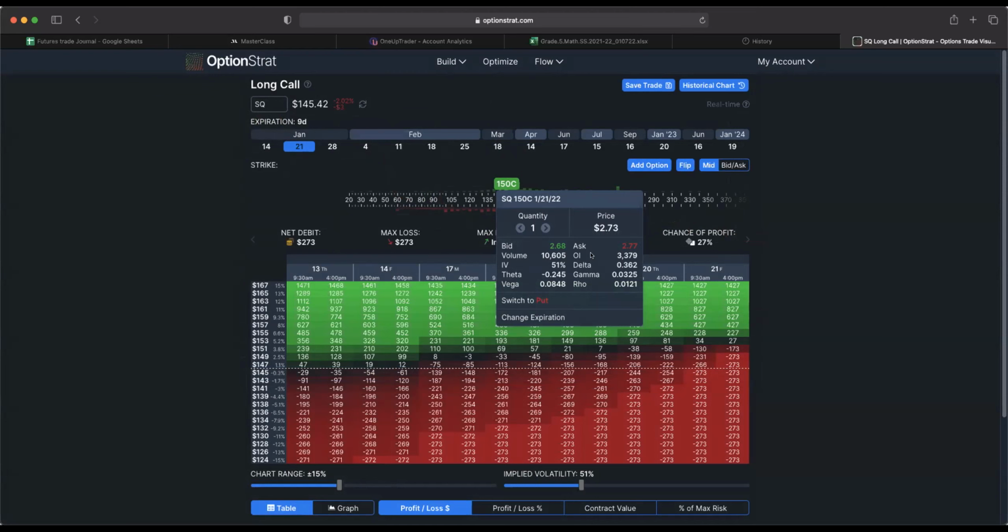A regular stop stops at a price and sells it for market. A market order sells it for whatever the mid price is at that time. That's if you're trying to get in right now or get out right now and you don't care what you're getting in or out for.